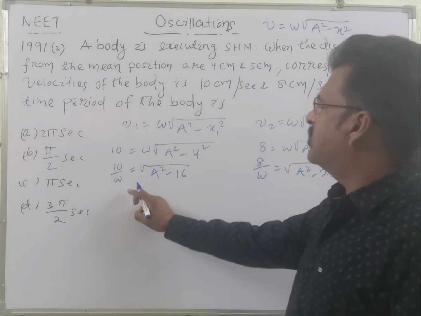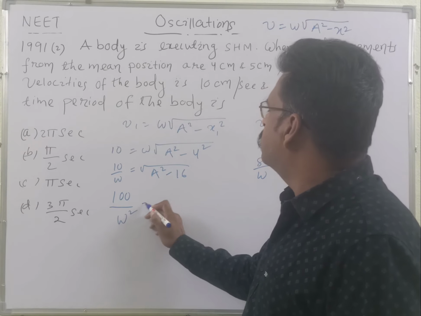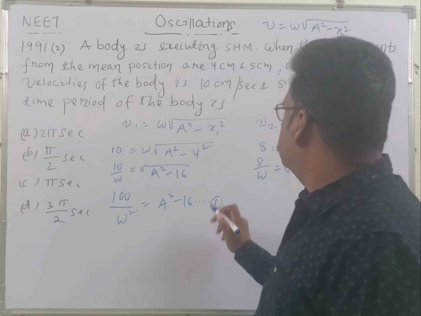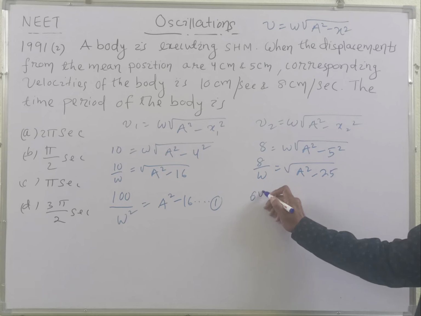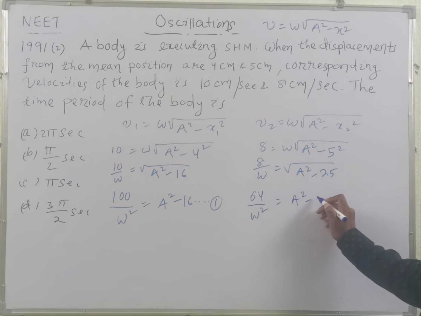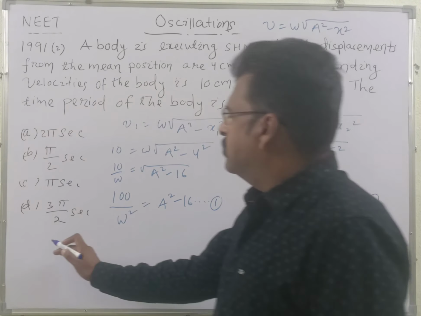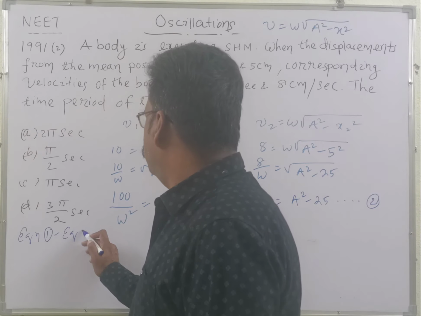Then we may take the square of these equations and write 100 by omega square is equal to a square minus 16. Let us write that as equation 1. Squaring the other, we get 64 by omega square is equal to a square minus 25. Let us write this as equation 2, and let us do equation 1 minus equation 2.